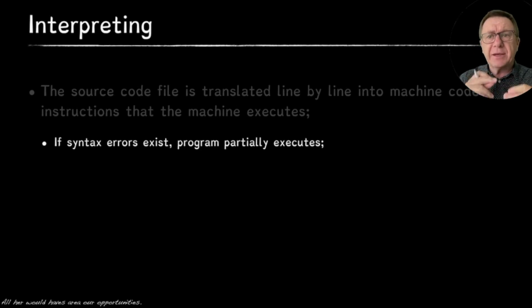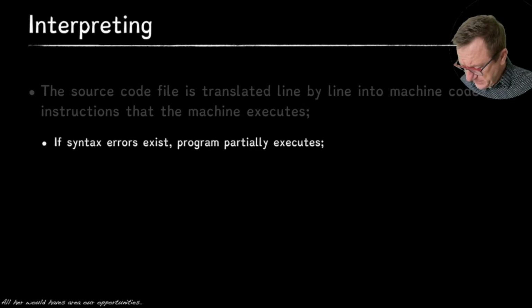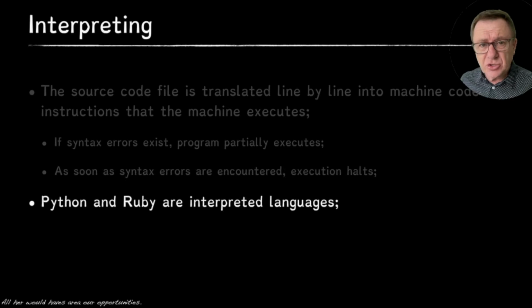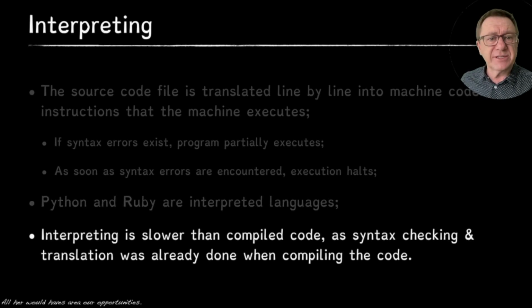As they went line by line, one line and it was interpreted. One line it was interpreted. So that's how I look at interpretation in the code. It goes line by line, okay? So things will partially execute when we run into errors, but once we hit these errors, the execution stops. Python, Ruby, these are interpreted languages, okay?